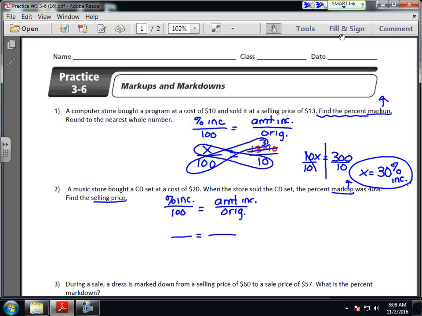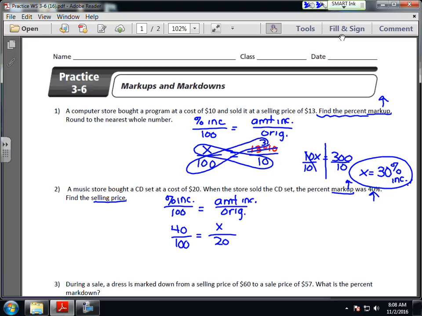Now, in this case, do we know what the percent is? Sure, it told us. It said 40%. 40 over 100. Now, do we know what the original amount was? Yeah, we do. It's 20. We need to find the amount of increase.